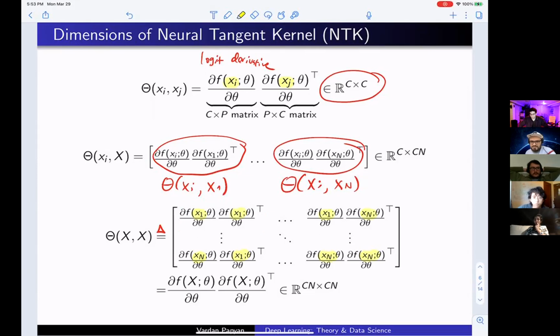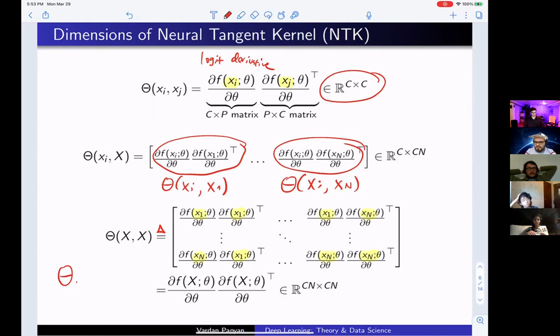Very abrupt ending. But I feel like I'm going over time. So just make sure you understand the definition of the NTK. That's an important definition. And maybe, if you were to define it a bit more properly, I would define it as a matrix which has a multi-index.